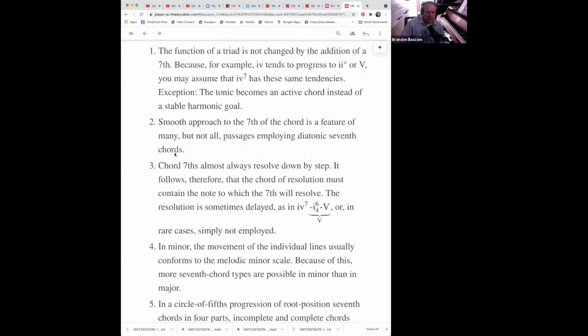All right, so we need an F and an A and a C in measure 1. We've already got the C in the soprano, and the F in the alto. What do you want to do with the bass?